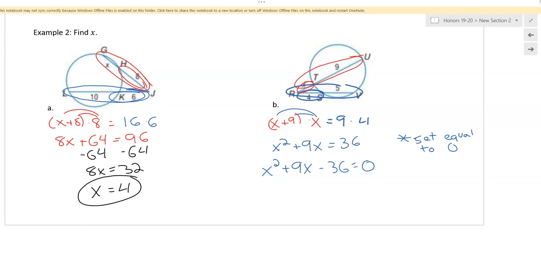There are lots of different methods to solve. There's factoring, which this does factor, so that's nice. There's completing the square. There's the quadratic formula. I'm going to use the quadratic formula because the quadratic formula works no matter what.